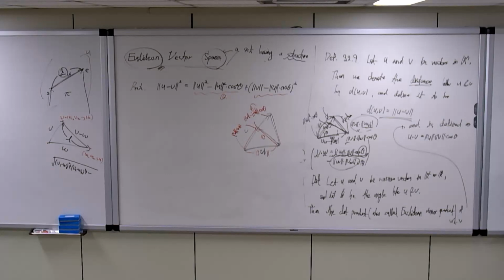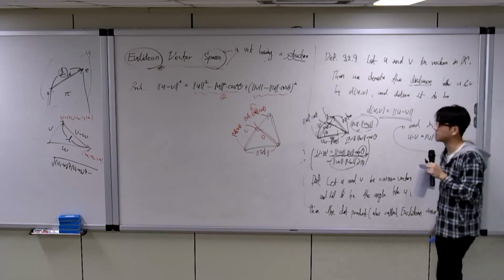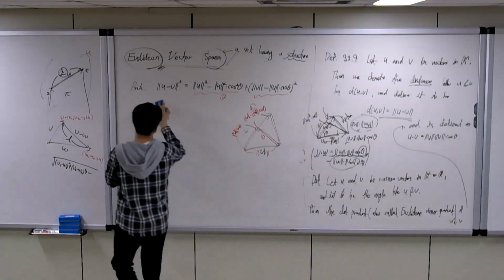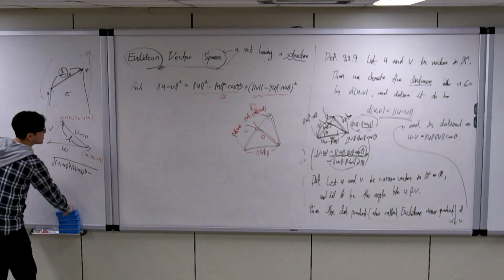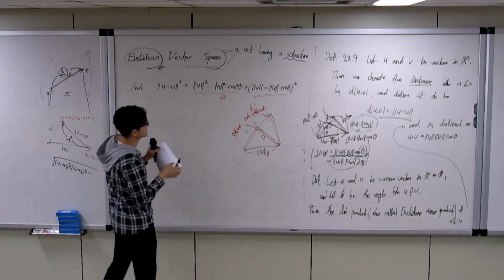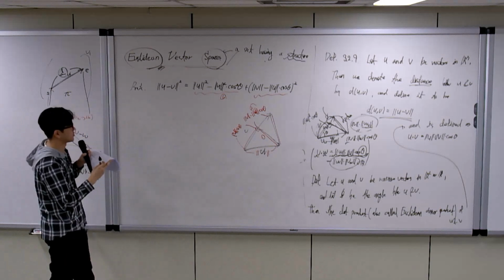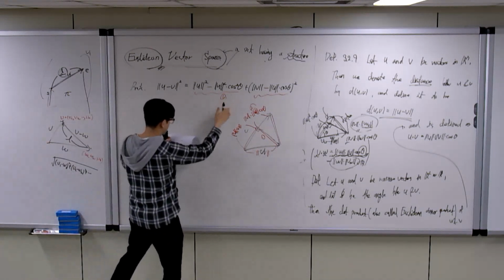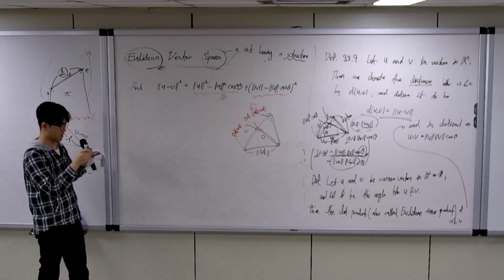So we can think of this property, and it is sometimes quite useful to calculate cosine theta, and I will use that after.